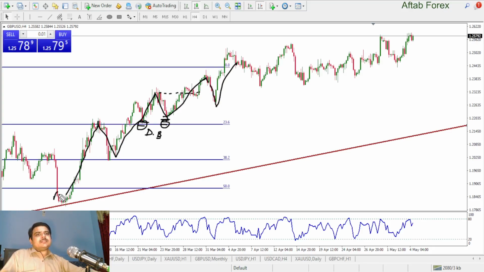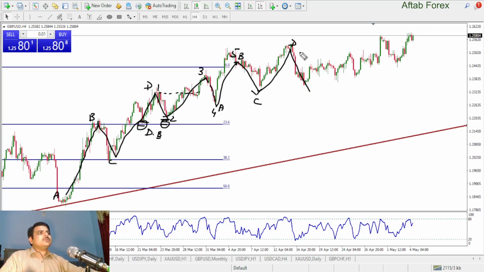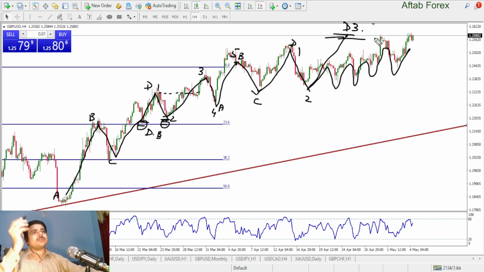So A, B, C, D, 1, 2, 3, 4, and that's going to be the 5, which ultimately gave another A, B, C, and the D, approximately the D. Another 1, 2, and right here, market started to rally. So it's 3 or point D3 will be somewhere to the top, right?